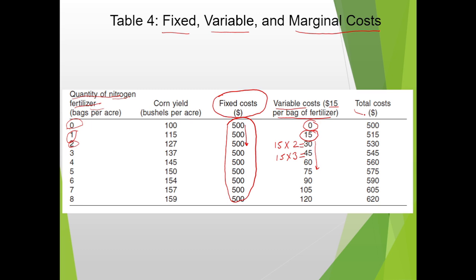The last column we have is the total cost, which is nothing but the fixed cost plus the variable cost.